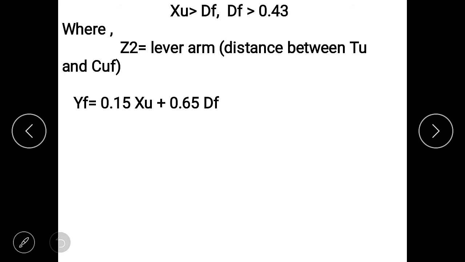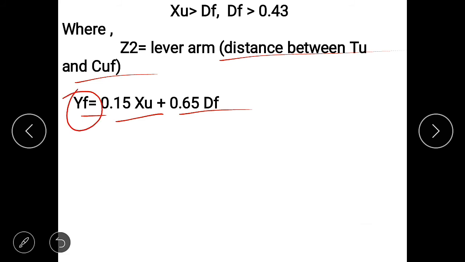What is Z2? It is the lever arm, the distance between Tu and Cuf. The yf formula is 0.15 Xu plus 0.65 Df. This is the formula to calculate yf.